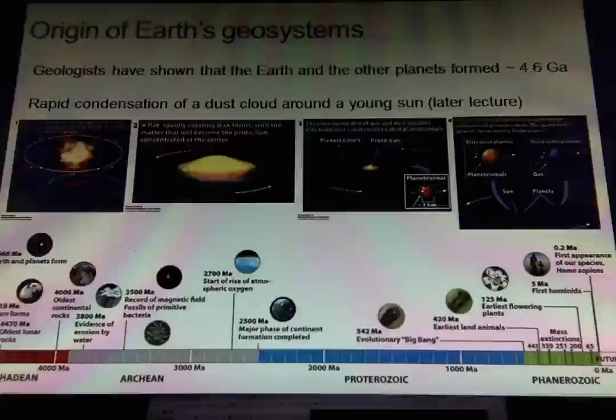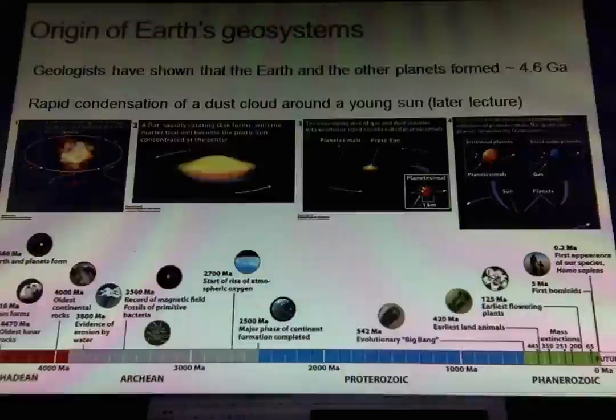So the sun formed initially, and dust gathered around the sun, and this dust began to gather up, forming rocks. Over a long time period, they bombarded each other, they collided, they got bigger and bigger, and eventually we get the structure that we have today, the Earth, and all the other planets.